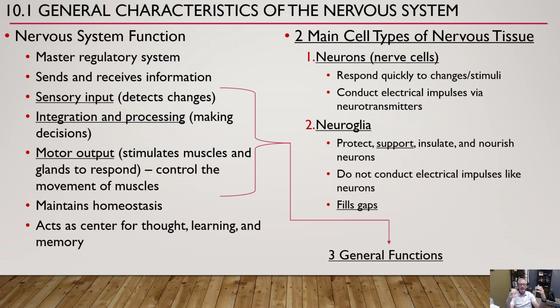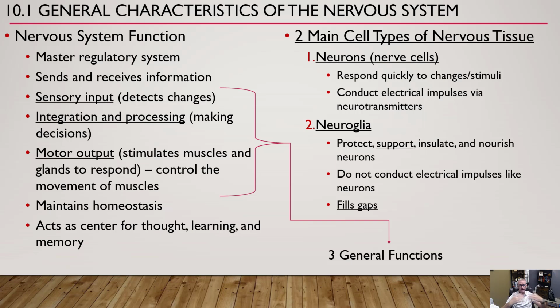Our brain and spinal cord integrate and process that information, and make a decision as to whether or not something needs to happen. We talked about those negative feedback loops and positive feedback loops. If something needs to be done, then it will provide some sort of motor output to stimulate either a muscle or a gland to provide that response.